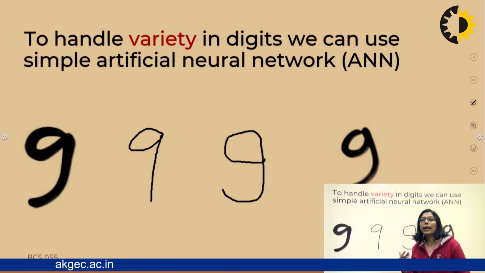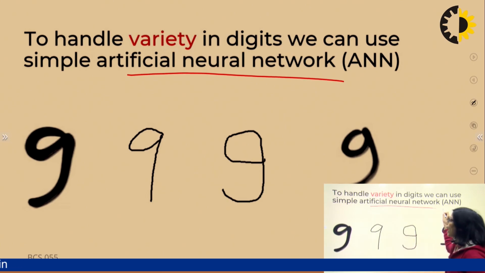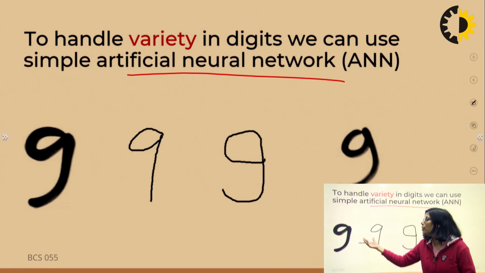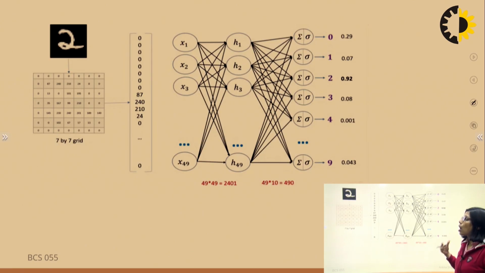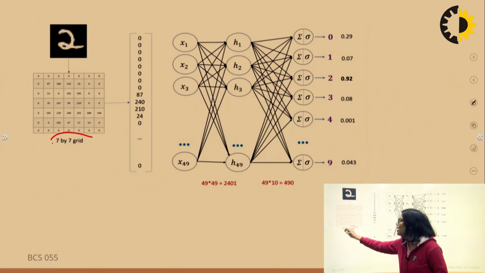The next thing we tried was an artificial neural network to identify a variety of digits, so my ANN model was able to identify different varieties of 9. How was it done? Suppose this is my image of a 2, and I have converted it into a grid of numbers. I have used a 7 by 7 grid.